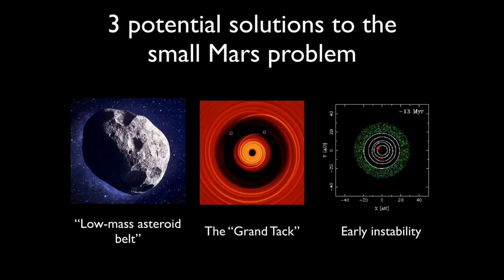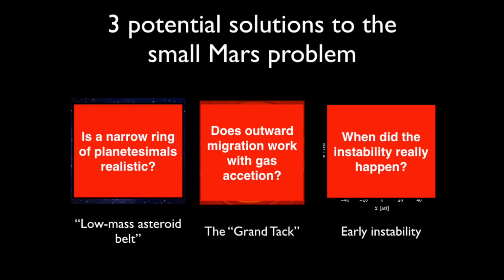So that leaves us with 3 different possible solutions to the small Mars problem, 3 different evolutionary pathways of the early solar system that can explain why it looks like it does today. Yet they each have some issues. So these are kind of paths forward for future study. The low-mass asteroid belt model is really built on this idea of forming from a narrow ring of planetesimals.